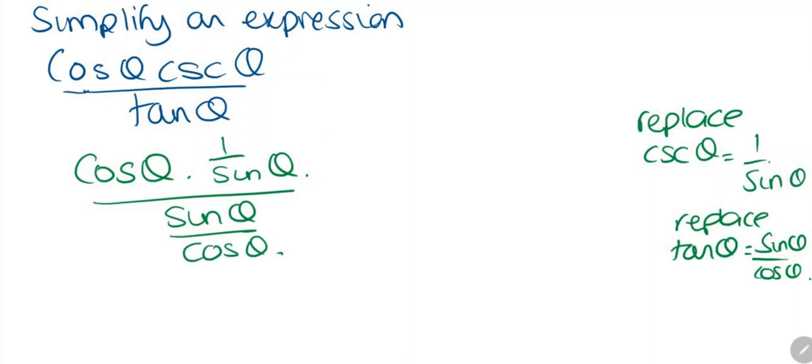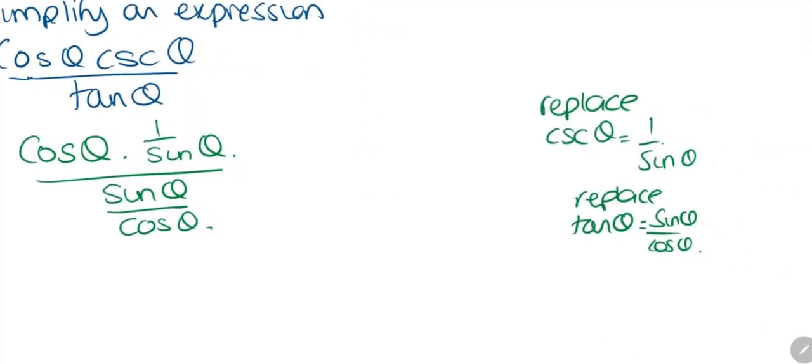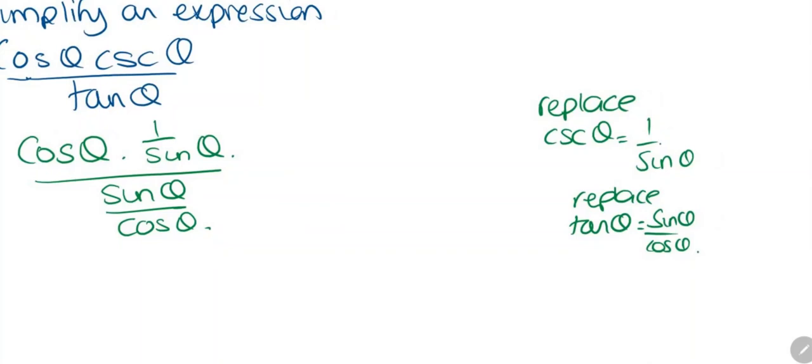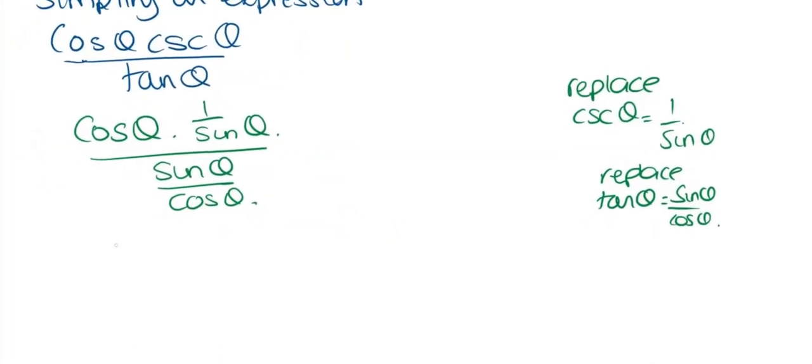Now, if I'm dividing, this is the same as saying cosine theta times 1 over sine theta. So cosine times 1 over sine, that's on the top.